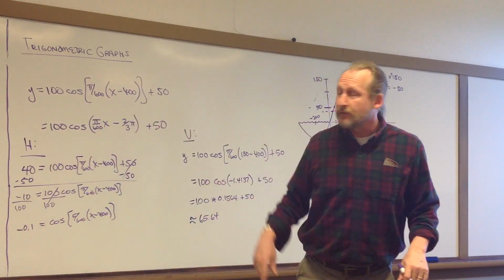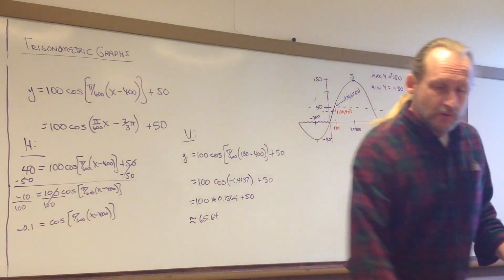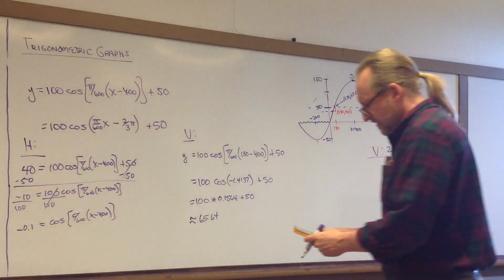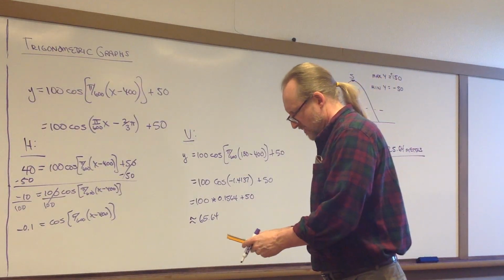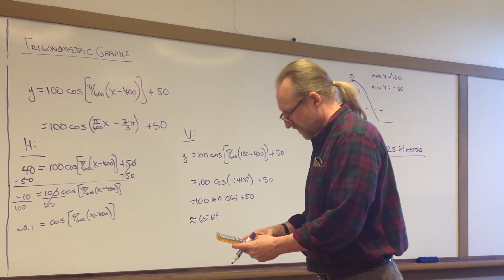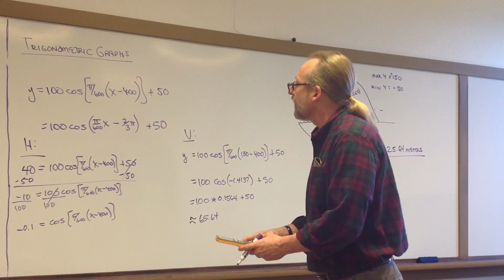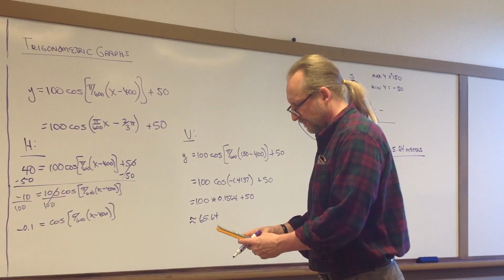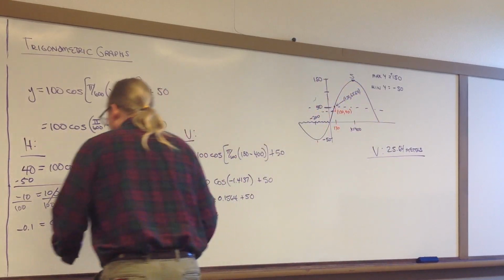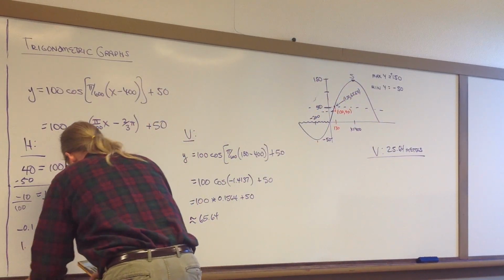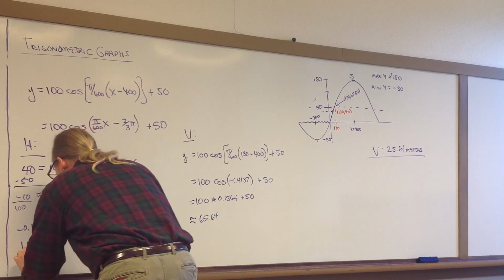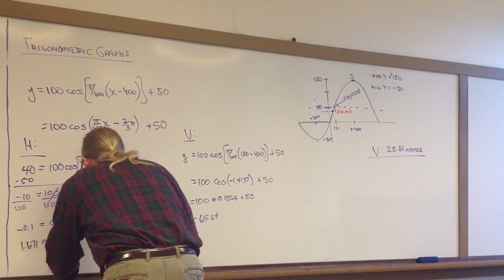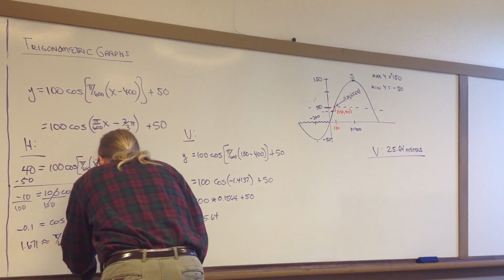And now we need to take an inverse cosine on both sides. So let's see here. Make sure you're in radians. Second cosine is the inverse cosine, negative 0.1. Okay. And so that's going to be, let's see here, we'll call it 1.671. And that's going to be pi over 600 times x minus 400.